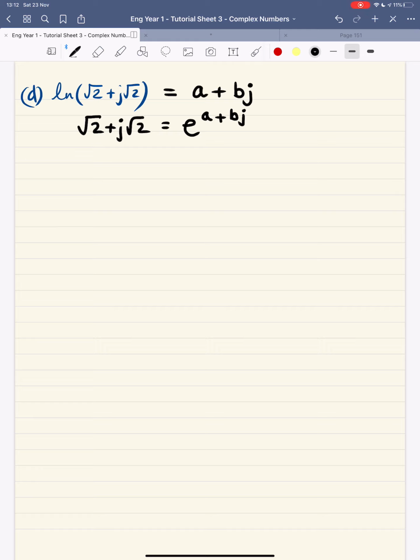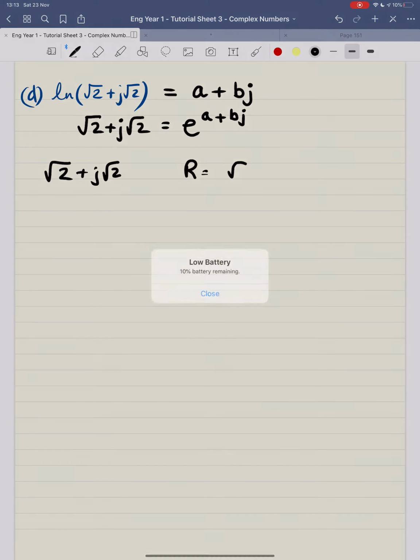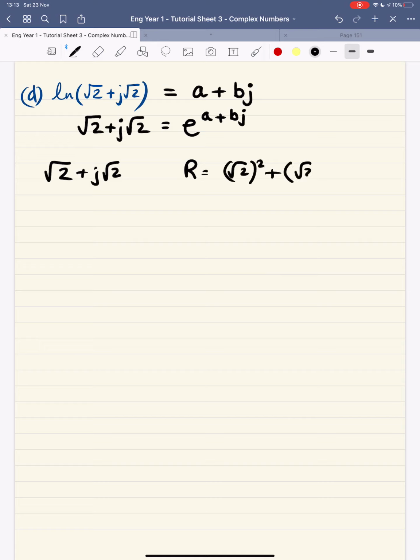Now for root 2 plus j root 2, the r is root 2 squared plus root 2 squared, square rooted, which is the square root of 2 plus 2.